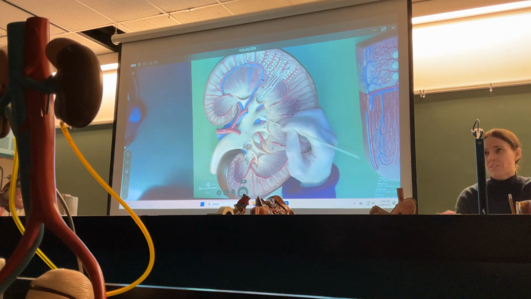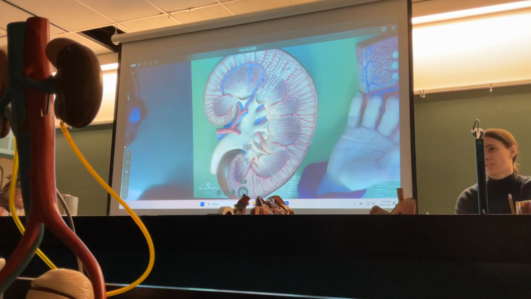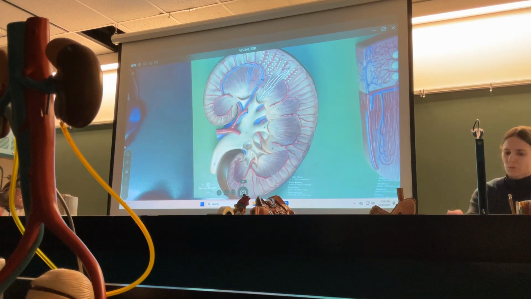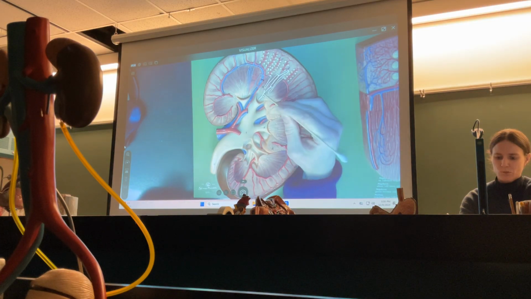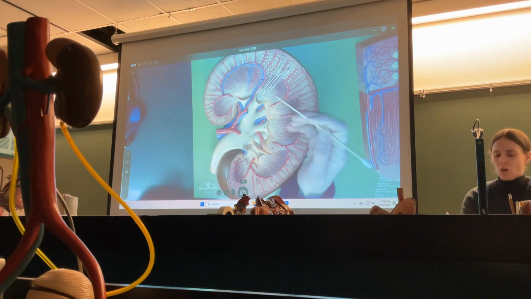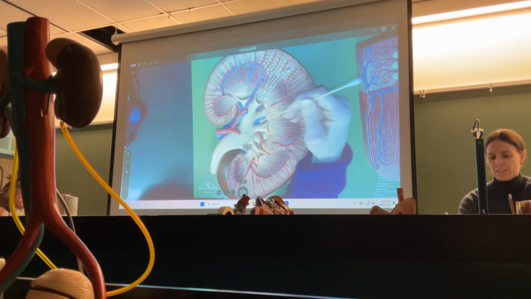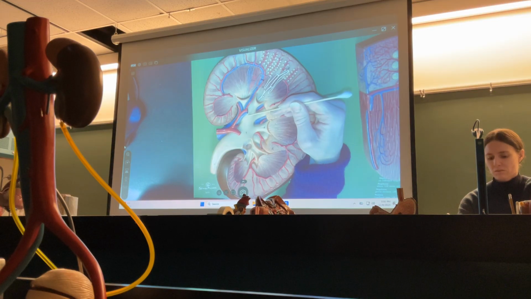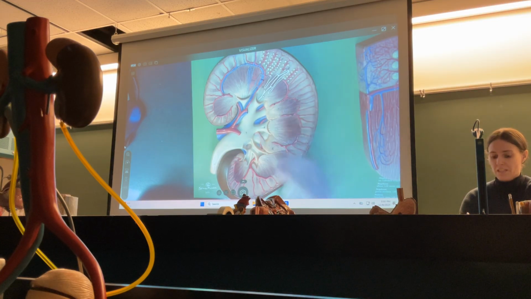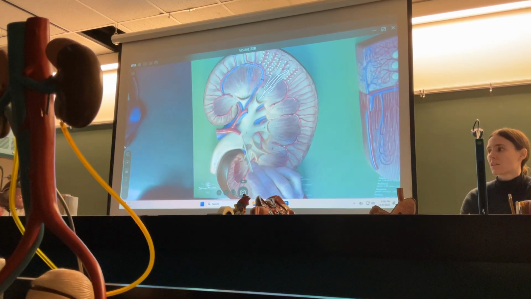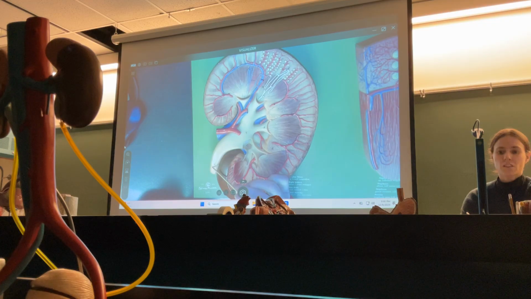After your filtrate is collected into the collecting duct, we can see the one right here, and we'll zoom in on it shortly. Basically, that filtrate will be taken into the minor calyx, and then into the major calyx, and then into the renal pelvis, and then the ureters.